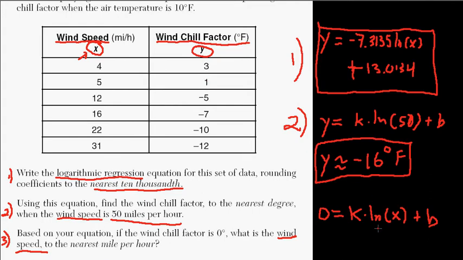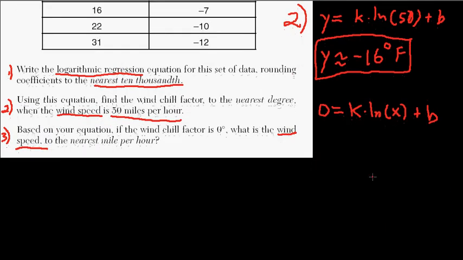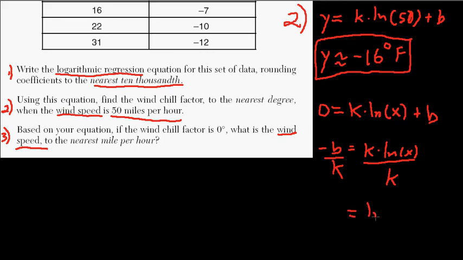So I'm going to subtract b from both sides, and I'm going to get minus b equals k times natural log x. And then I'm going to divide by k. Okay, so I'm going to have natural log x equals minus b over k.